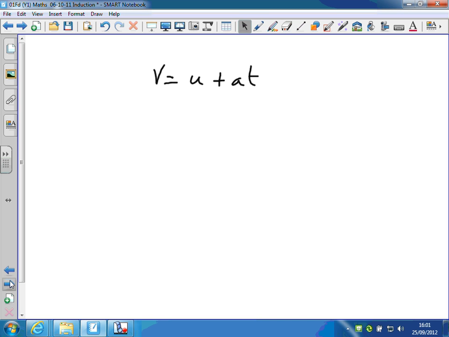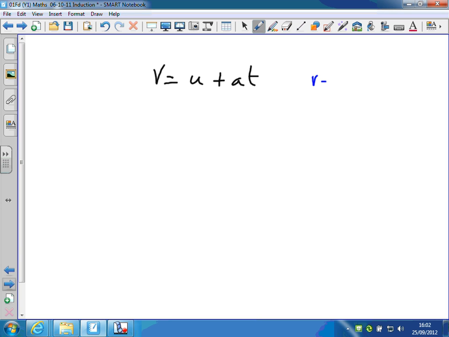That's one of the equations in motion for a body that's moving. V standing for final velocity, U for initial velocity, A for acceleration, and T for time. Some of you may have seen that. Particularly you've done the BTEC course. You probably did that, did you? Yeah. V equals U plus AT.